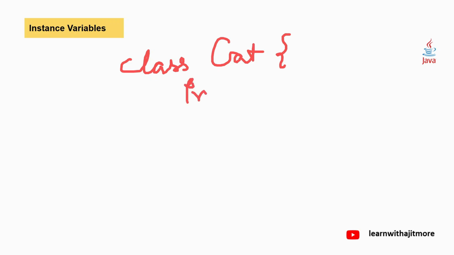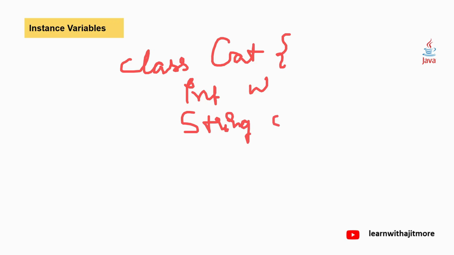Now, first of all, where are they declared? Inside the class body, but outside methods. Suppose I'm writing class Cat. Inside the class body, but outside methods, like if you're adding a lot of methods over here, not within a method, outside the method, inside the class body. Here you declare an integer weight or a string color, whatever.